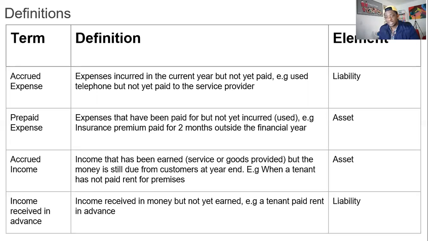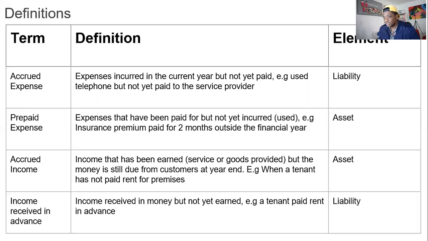And that will be an asset, because that looks like a debtor, but we call it an accrued income. If you're a person that specializes in renting out property, then that would be debtors to you. So there will be accrued income, and you'd have to include the amount that is not yet received at the end of the month if it relates to the months that are within the current year.